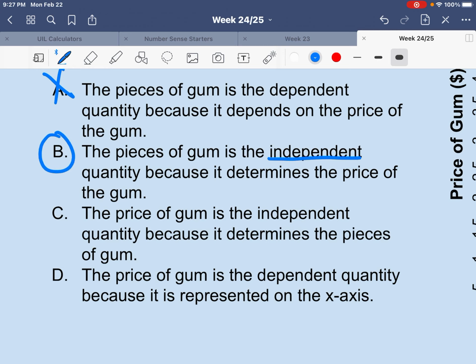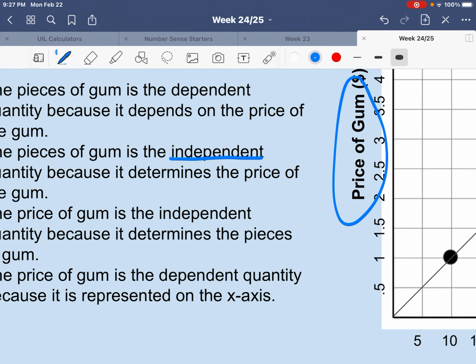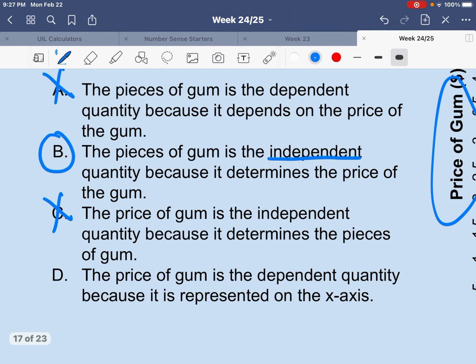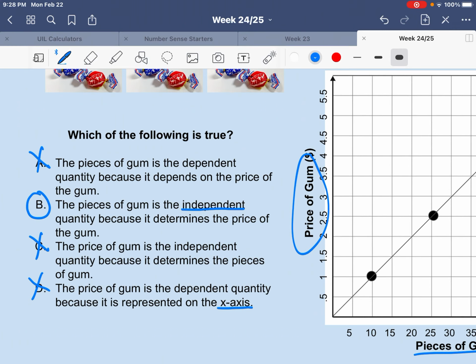Yes, that is a true statement. C, the price of gum is the independent quantity. Nope, the price of gum is on the y-axis. That makes it the dependent quantity. D, the price of gum is the dependent quantity because it's represented on the x-axis. No, it is not on the x-axis. It's on the y-axis. That's what makes it dependent.